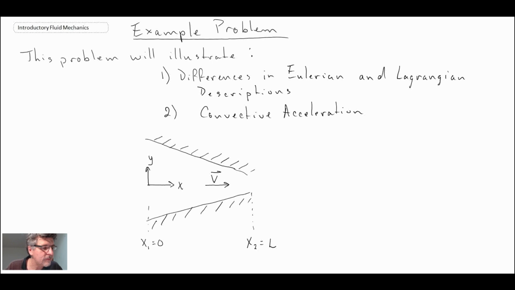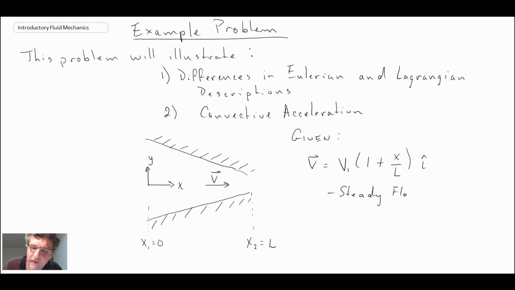L. What we are given in this problem is the velocity in the nozzle. We can note a couple of things: this is a steady flow.